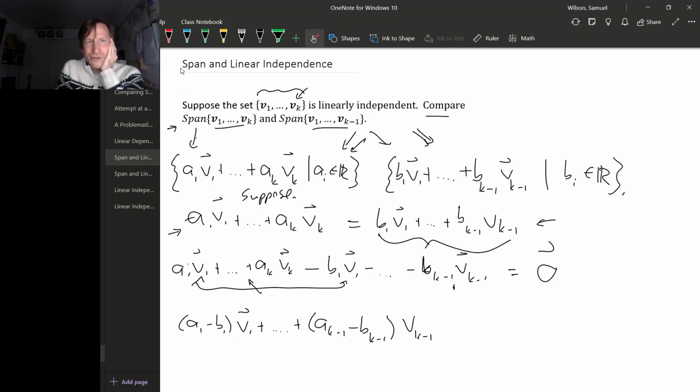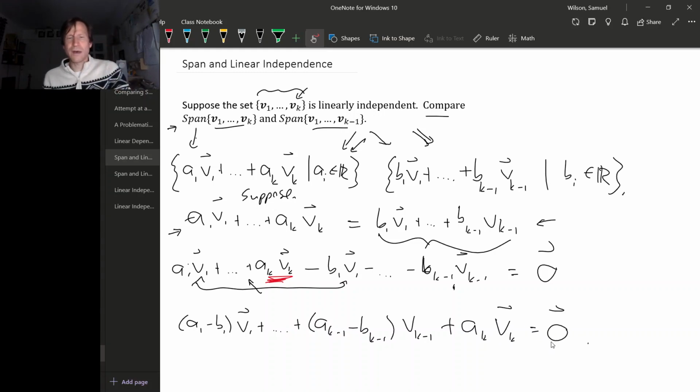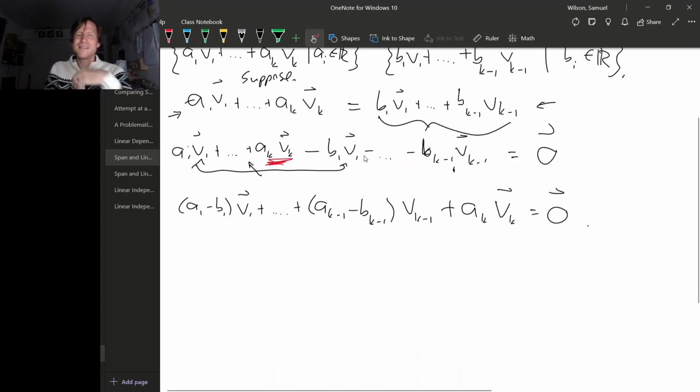Then there's one leftover term, which is this v sub k term, so plus a sub k v sub k equals the 0 vector. This might look familiar. This looks a lot like the equation that defines linear dependence and independence.